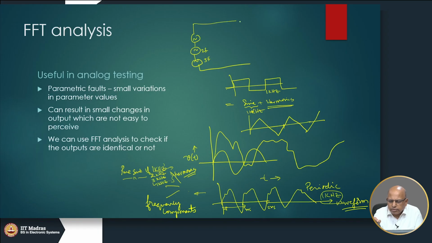And this may be my analog circuit. Usually we don't need to go beyond maybe 3 or 4 of these, because the amplitude of these harmonics will decrease very sharply.